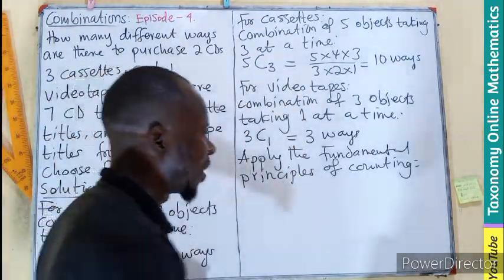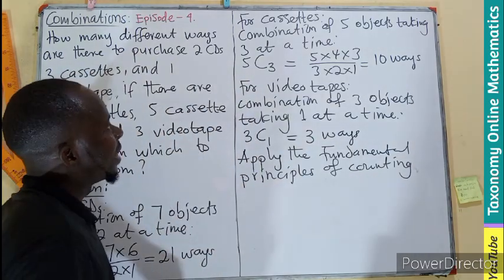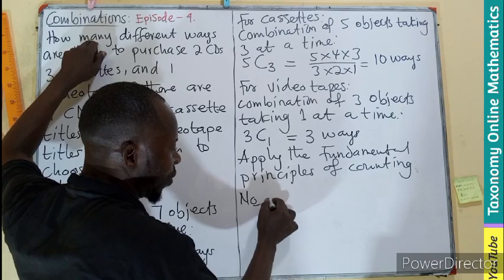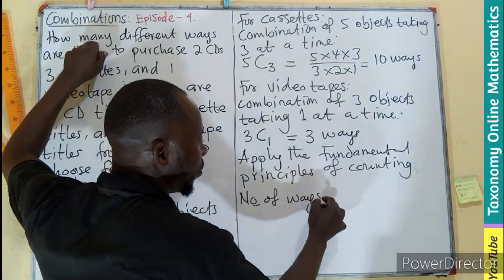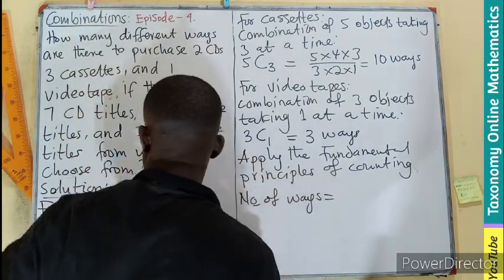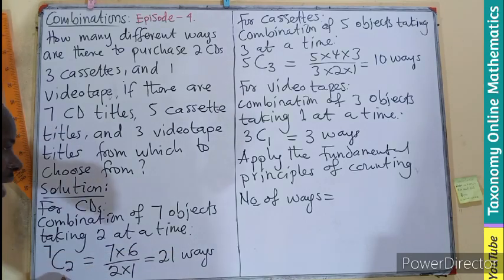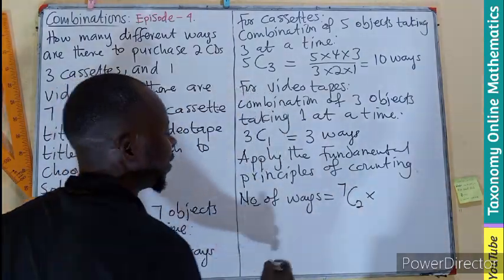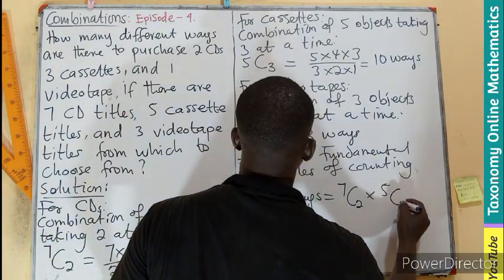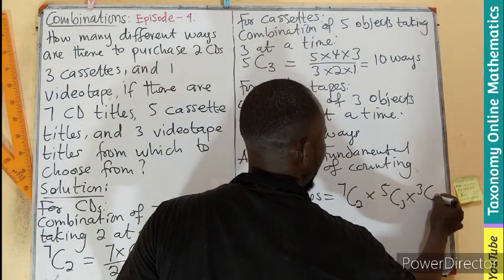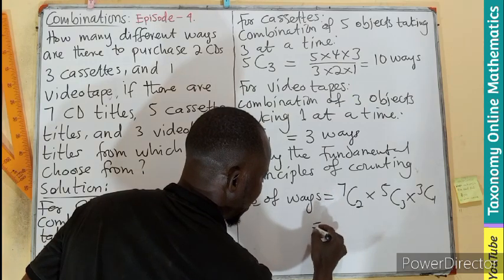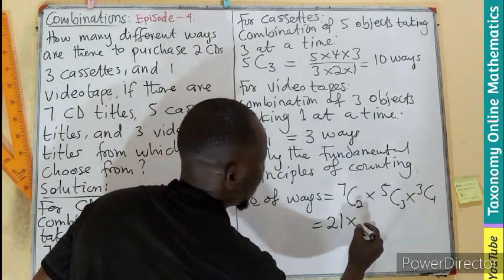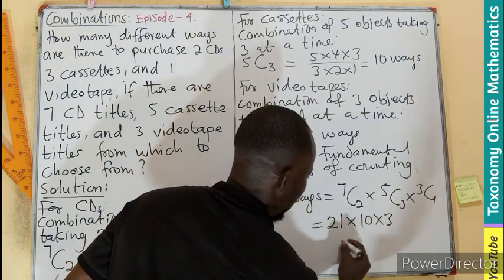In all, applying the fundamental principle of counting, the number of ways is 7 combination 2 times 5 combination 3 times 3 combination 1, which is 21 times 10 times 3.